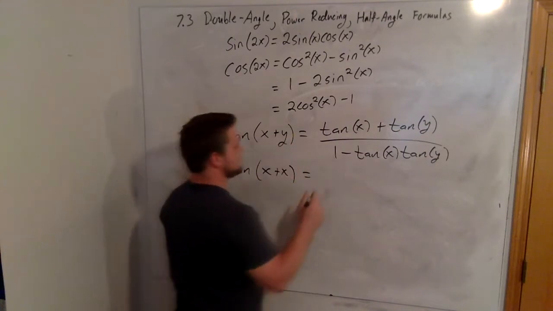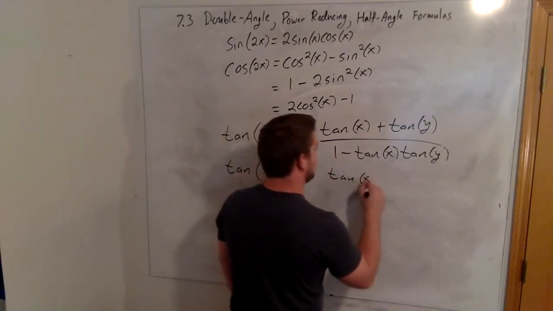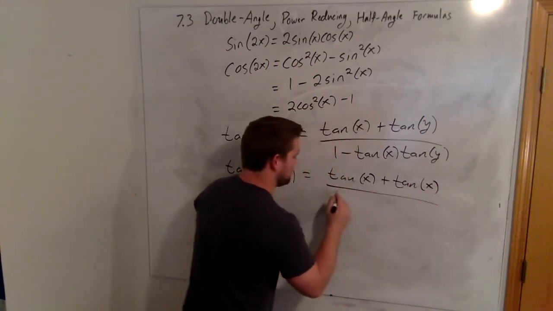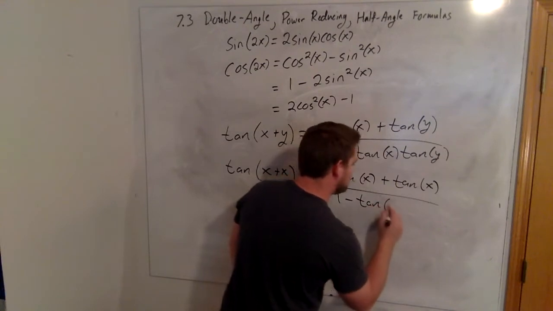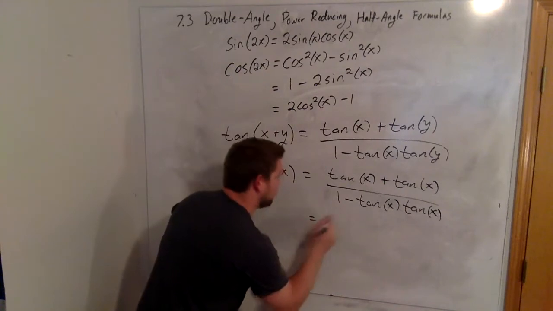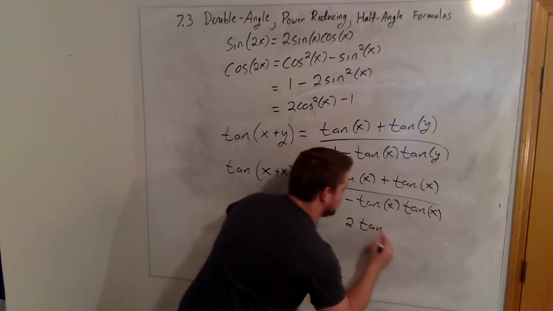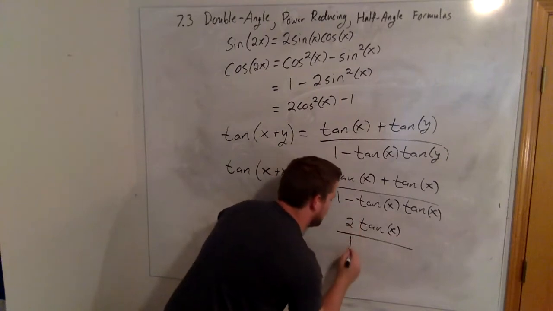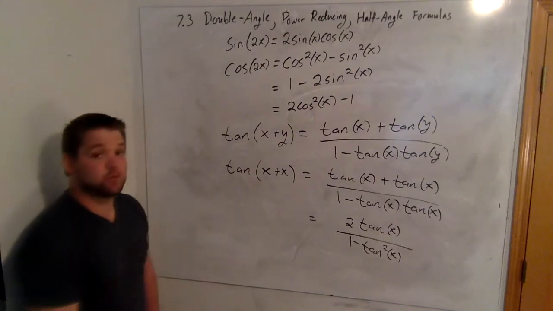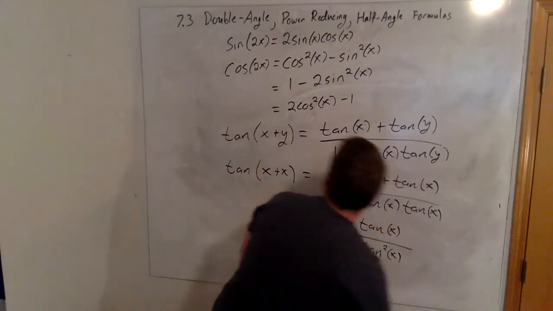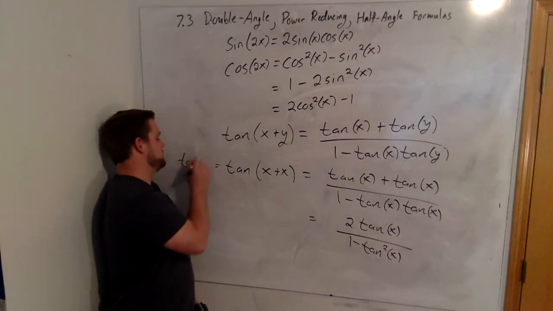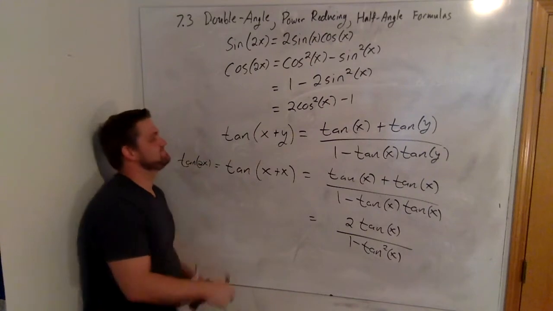Replacing y's with x's, we get tan of x plus tan of x all over 1 minus tan of x times tan of x. So we get 2 tan of x all over 1 minus tan squared of x. And here is the double angle formula for tangent. Let's write that up here. This would, of course, be the same thing as tangent of 2x.